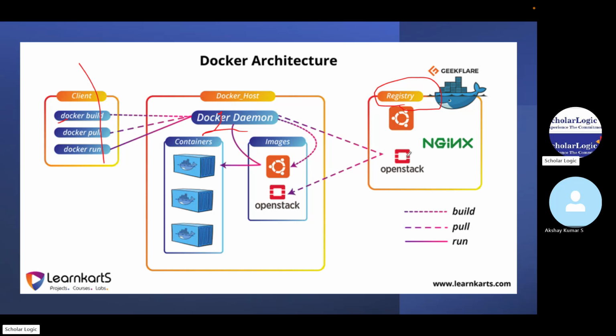OpenStack is another software that is used for private cloud. Our AWS is hybrid, right? So OpenStack is private? Yeah, it is mainly used for building private clouds. Okay. All right.